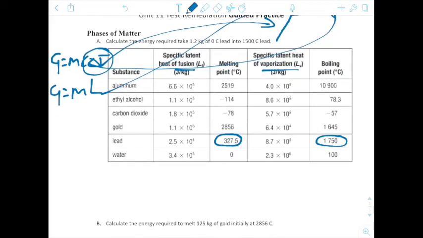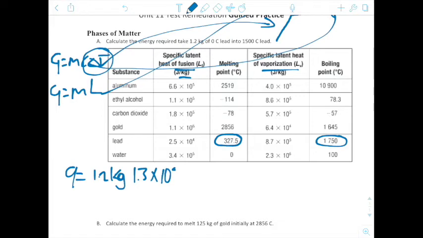So our first one is going to be our Q equals mc delta T. Q equals a mass of 1.2 kilograms, times the specific heat, which I got from our previous chart, which is 1.3 times 10 to the second, times our change in temperature.